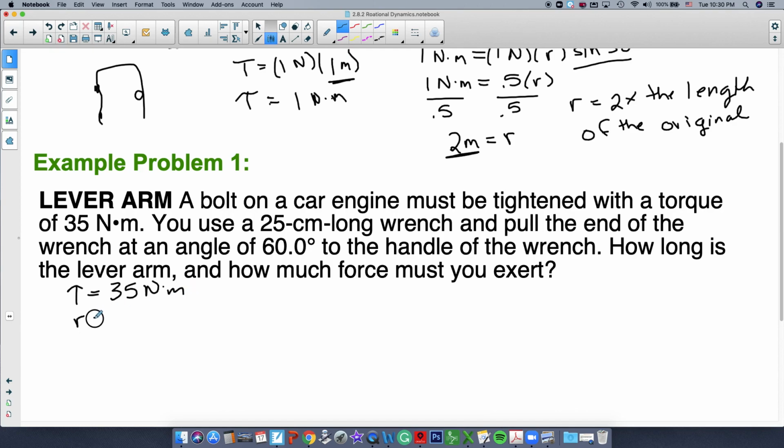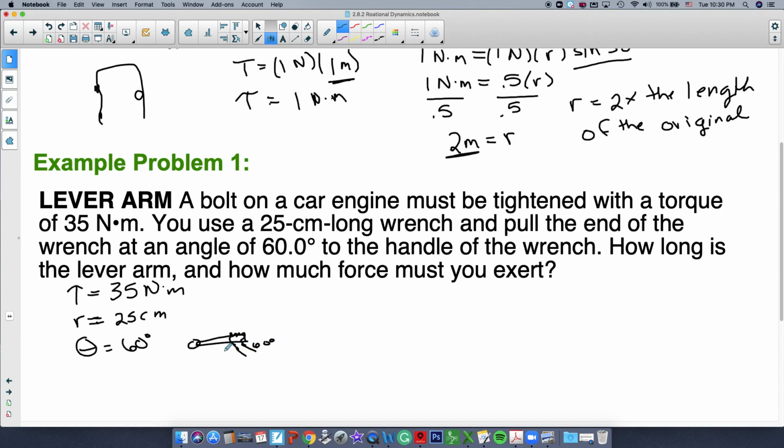Our lever arm is going to be 25 centimeters long, and we have an angle of 60 degrees. So your hand is at an angle of 60 degrees to the wrench. So let's say wrench here. Okay, bolt there. Hand is going to be kind of like this. And we got 60 degrees to that wrench.